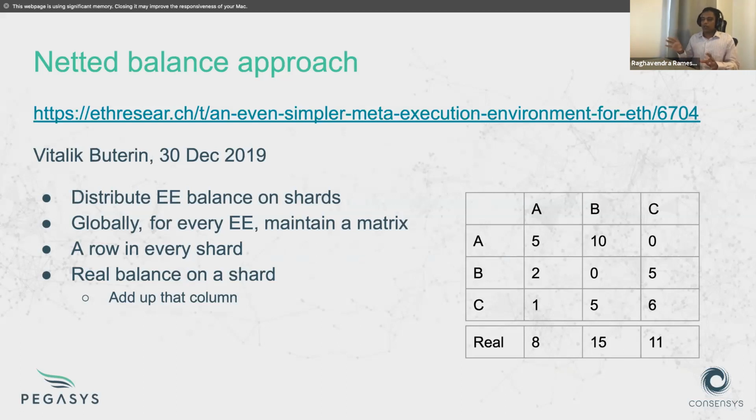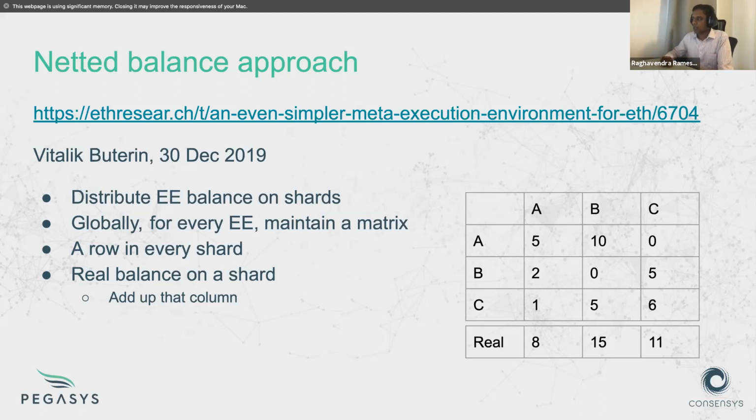However, this global matrix is not stored in one place. It is stored in a distributed fashion. That means every shard will have its row. So you have rows for A, B, and C. Those are kept respectively in shard A, shard B, and shard C. So the real balance of the execution environment on a particular shard is got by summing up that column.